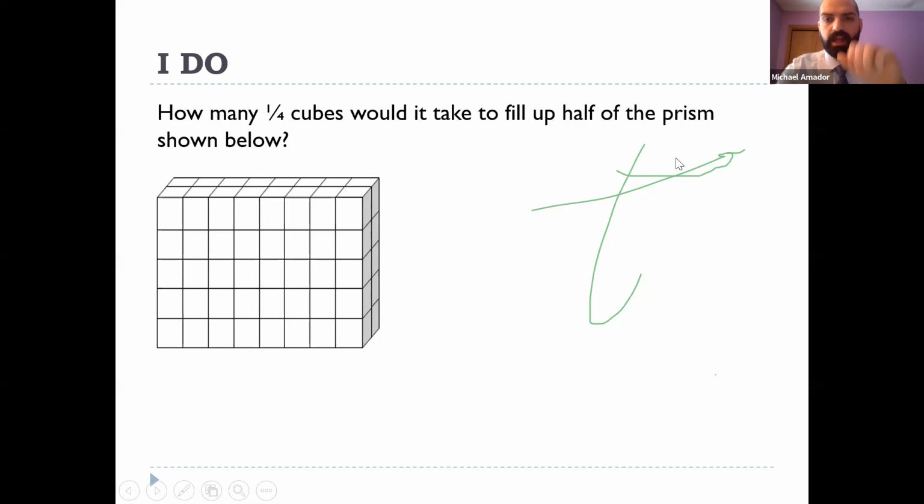So we're going to multiply the 3 dimensions together. Lemuel, I'm unmuting you. What is one of the dimensions that we have to multiply together? Go ahead, Lemuel, tell us one dimension. 2.